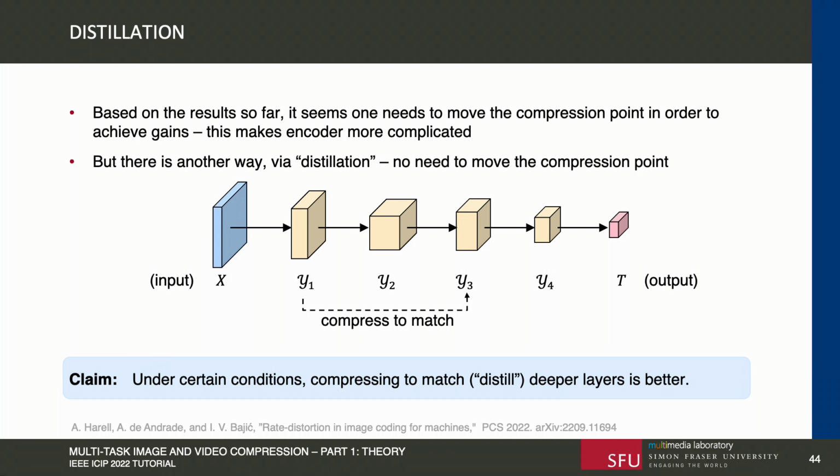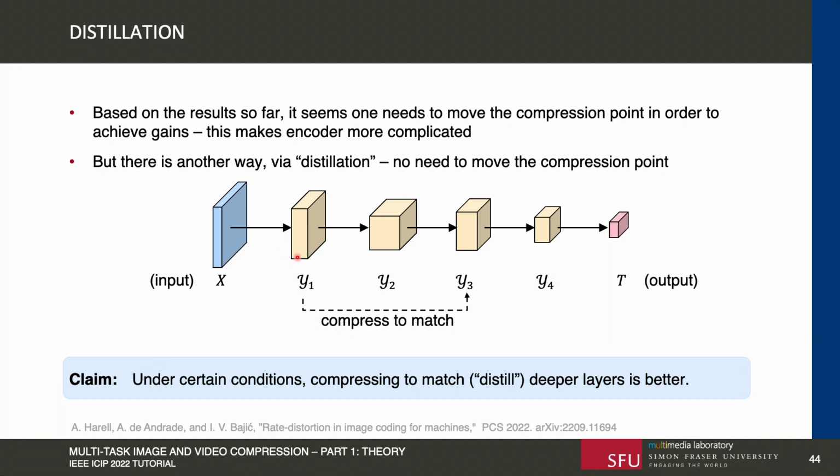However, there is another way to achieve compression gains, and that's through distillation. In this context, what distillation means is compressing a certain layer in a model, but with the goal being to match accurately another layer deeper into the network.